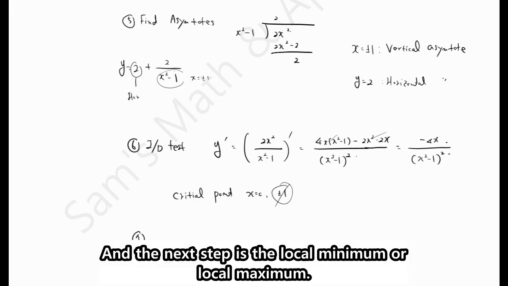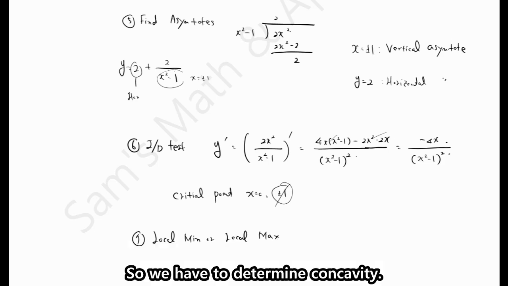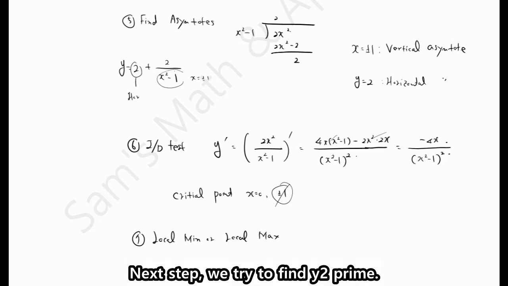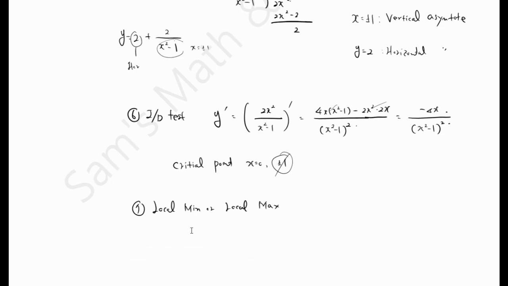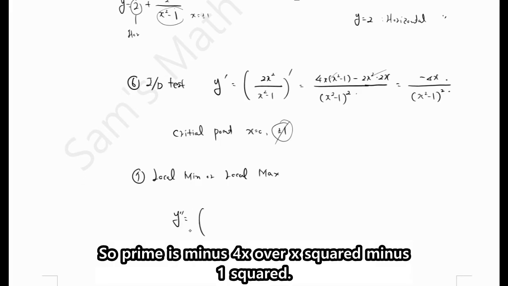The next step is the local minimum or local maximum. So we have to determine concavity. Next, we find y double prime. Y double prime is the derivative of minus 4x over x squared minus 1 squared.